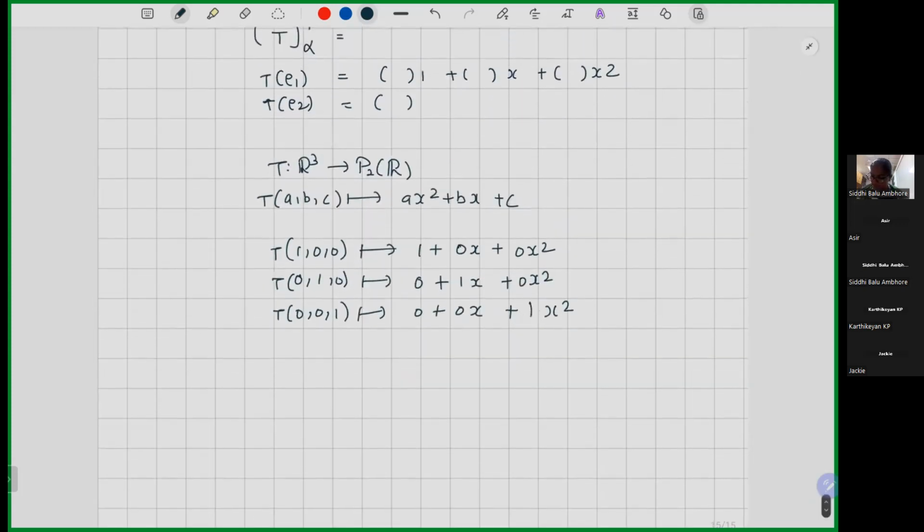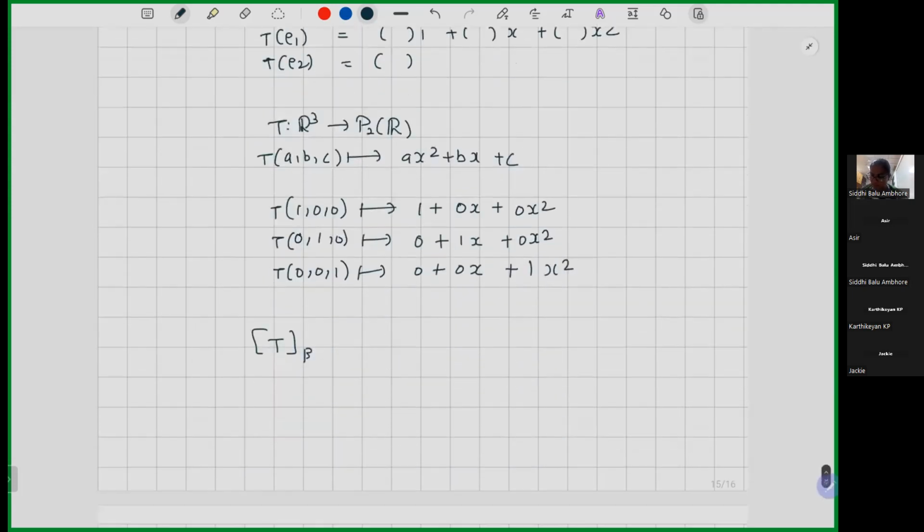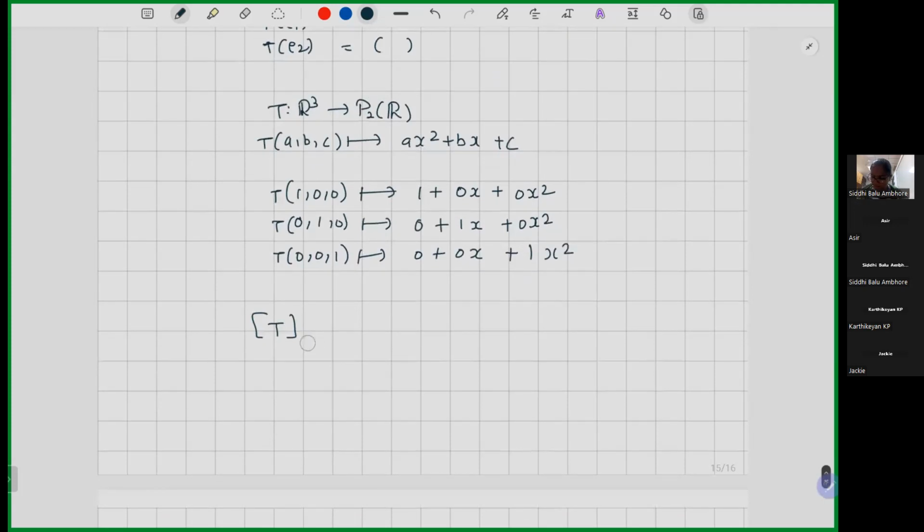Then T alpha beta, vertically you need to write. These correspond to alpha 1, alpha 2, alpha 3, and the other side corresponds to beta 1, beta 2, beta 3.